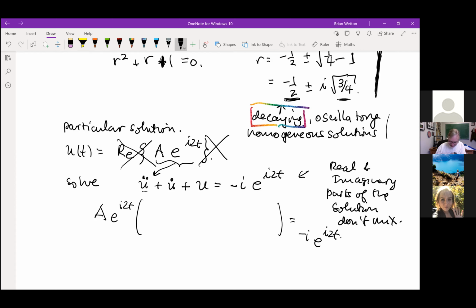So when I take the second time derivative here, I get a factor of -4. When I take the first time derivative, I get a factor of 2 times i. Now I've got 1. Is all equal to that. Now I can see it's just an equation for the coefficients, those terms. I get A is minus i over -4 plus 2i plus 1.